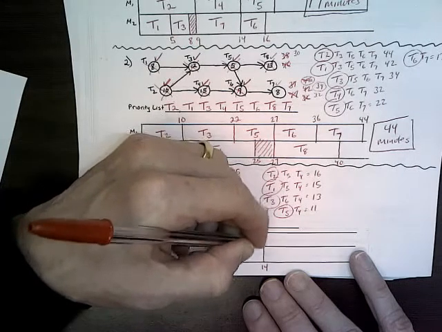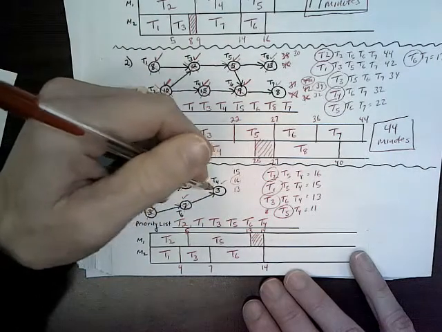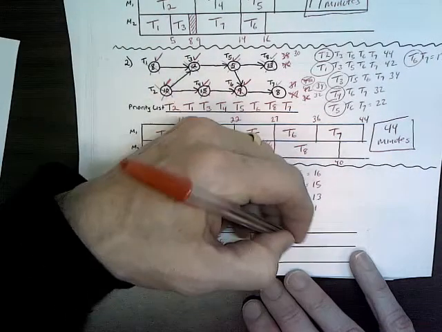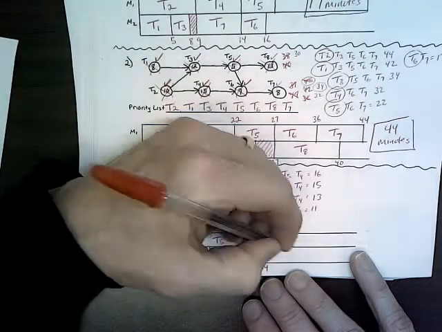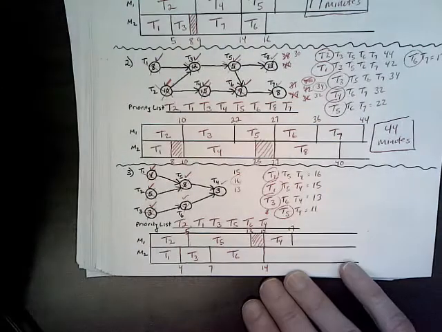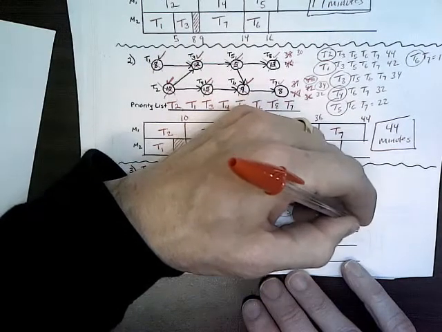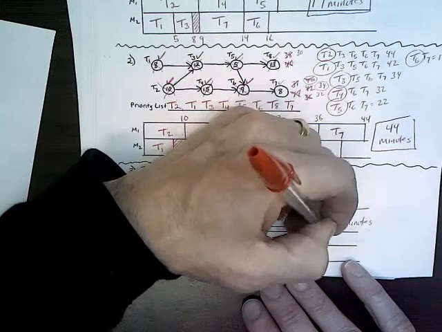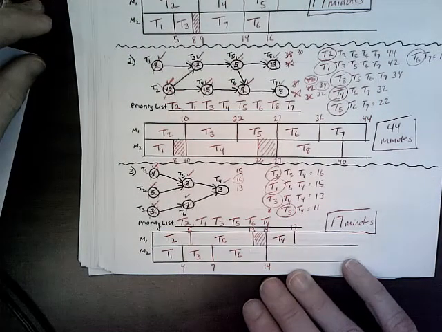Creates 1 minute of idle time on machine 1, and then you'll have T4 go, and it's 3 minutes. 14 plus 3 is 17, and there's your schedule. And your total completion time, 17 minutes. Okay? All right, so that's 1, 2, and 3 right there.